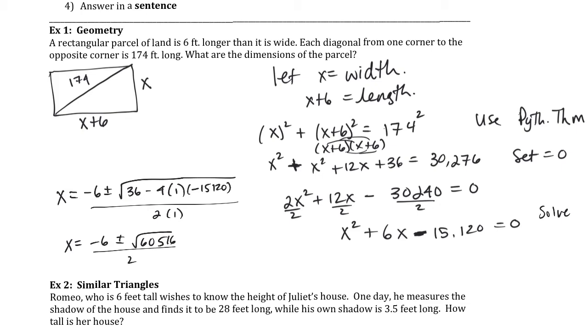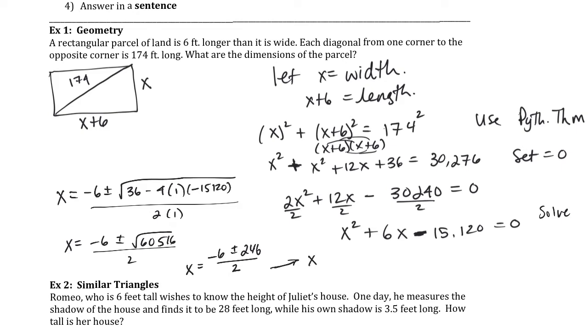We've got x is equal to negative 6 plus or minus the square root of 60,516, which is 246, all over 2. And so then we'll just do both of those possibilities.